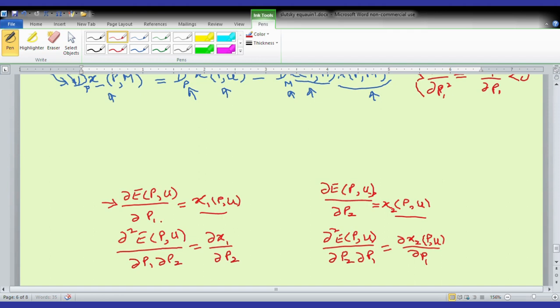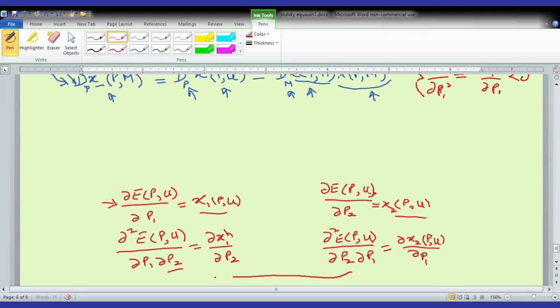Then if we take the second derivative of this first derivative with respect to P2, we get ∂x1^h/∂P2, and similarly here we get ∂x2^h/∂P1.